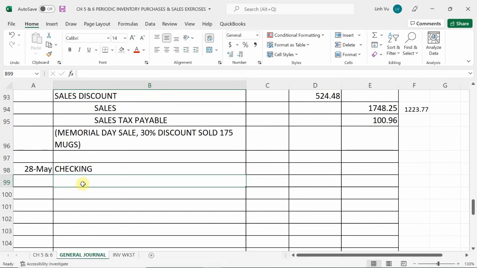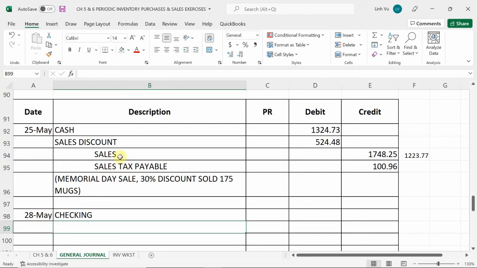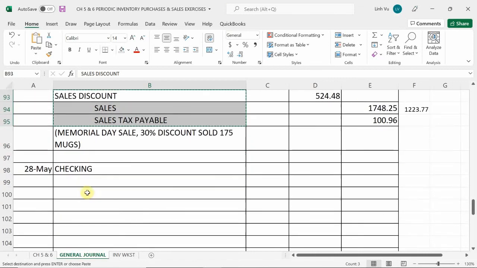And of course, what else are we going to be recognizing? We gave him a discount. Sales discount, yes. And we sold to him 50 of those mugs, and of course we have to charge sales tax.